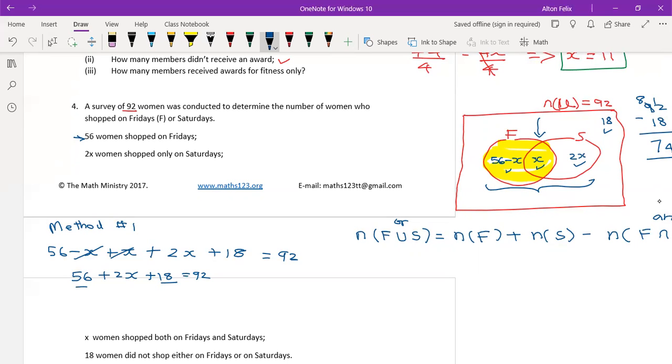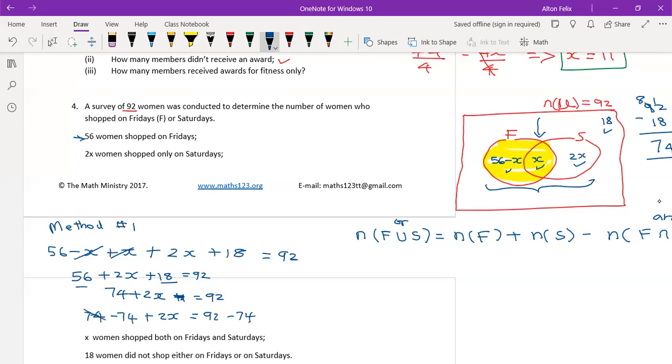That's supposed to give us 74 plus 2x. No, not plus 18, sorry. We already added that 18. That is equal to 92. And of course, we can subtract 74 on both sides of the equation. Right?